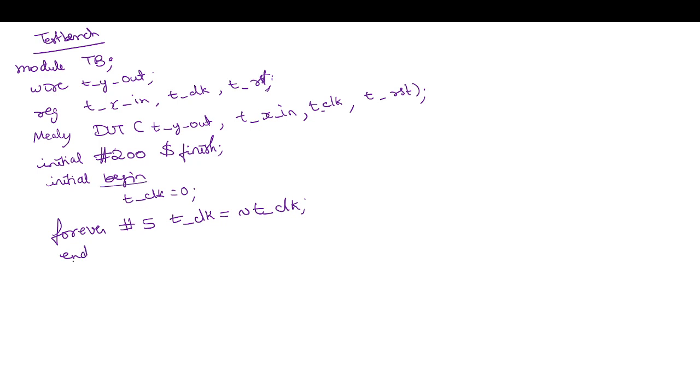Here I have given it. Forever is inside this initial block. Now, say if I want to assign some values, I want to execute them parallelly. So I will use initial fork and then join.